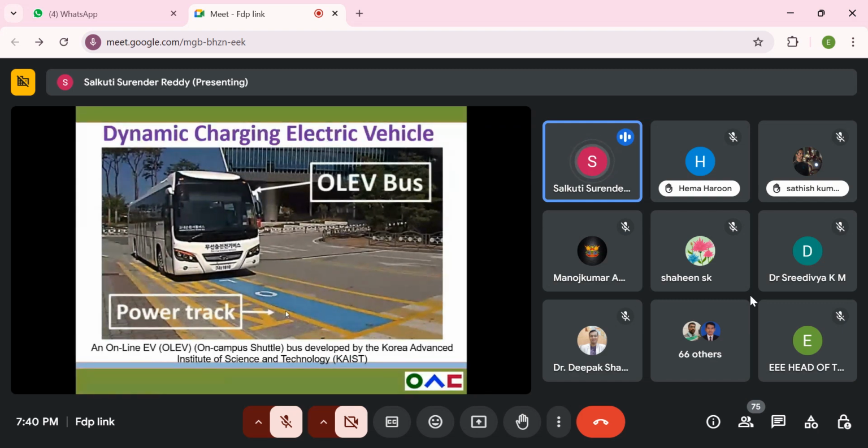In that way you can reduce the charging time, and we don't need any separate charging for this bus. This is one dynamic charging technique that can be used, but of course it needs a special track to be constructed. This is one of the shuttle buses which was developed in our city.